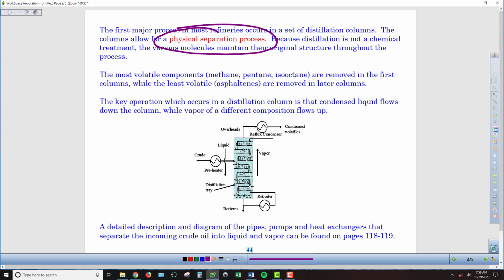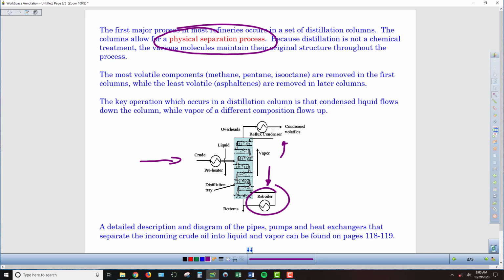As we can see in the diagram, the crude oil is heated, and in the distillation column, the lighter materials, the methanes and other light gases, go up the column through a series of trays and are then sent out. The heavier molecules work their way down through the column and are either removed or sent to a reboiler and then on to a second distillation column or a third.